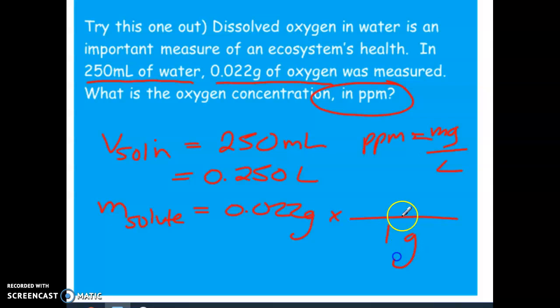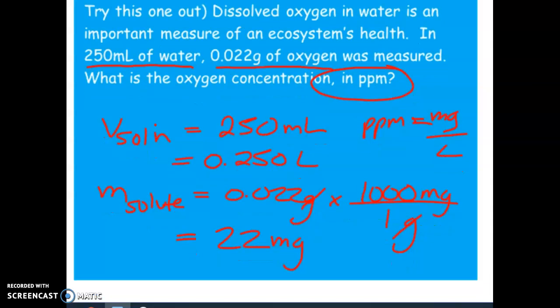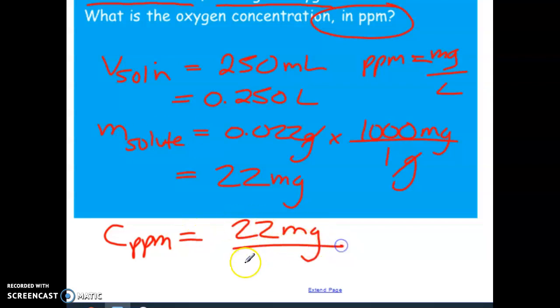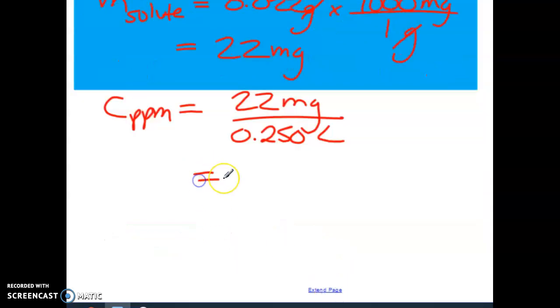So for every 1 gram, we have 1,000 milligrams, which ends up being 22 milligrams. Okay, so now that we have it in the proper amounts, we can solve for concentration in parts per million. So it's going to be our 22 milligrams over 0.250 liters. And that ends up being 88 parts per million.